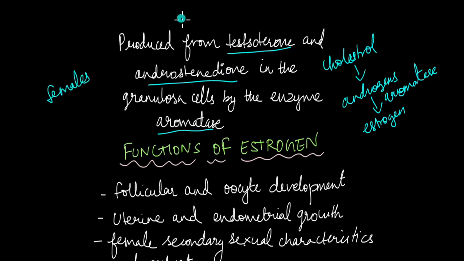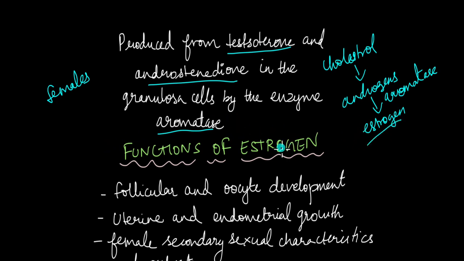Even though androgens are primarily the male sex hormone, they are still found in small quantities in females because it is from testosterone and androstenedione that estrogen is produced. This is also why males have trace amounts of estrogen and progesterone in their body, because in males as well, testosterone can be converted to estrogen at low levels.